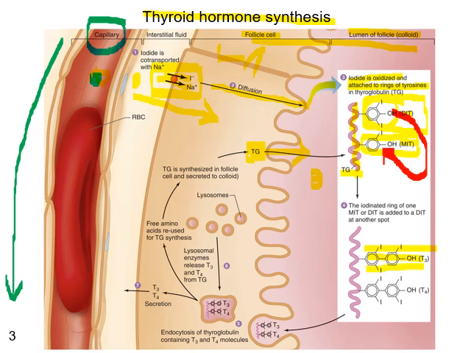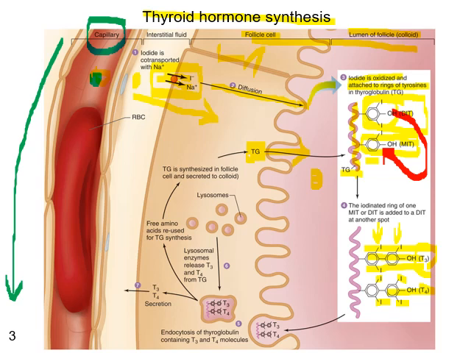If a monoiodinated tyrosine is attached to a diiodinated tyrosine, it becomes T3. The mono is attached to the di, it becomes T3. And if two diiodinated tyrosines are attached, it becomes T4. 1, 2, 3, 4 iodides.